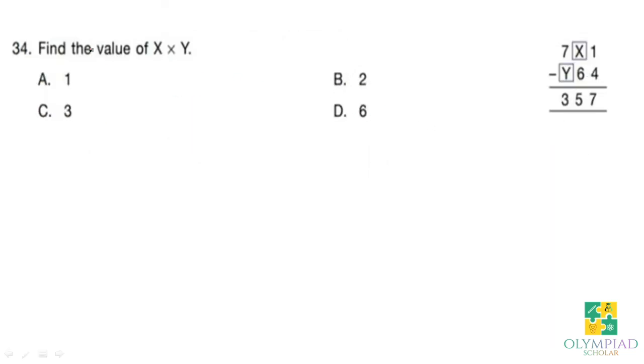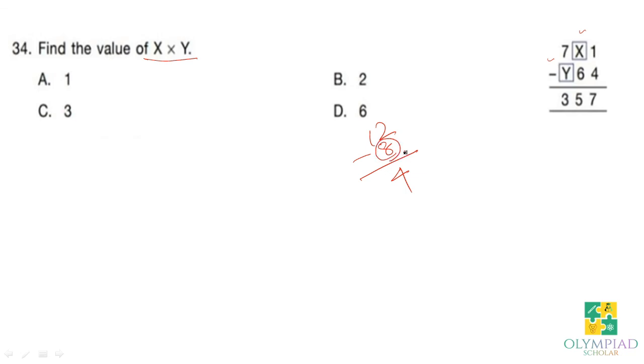Now find the value of x multiplied by y. In order to find this, we need to find x and y. This is a subtraction. To make it easier, what I will suggest is, you must know that if 12 minus 8 equals 4, suppose this number is not given.